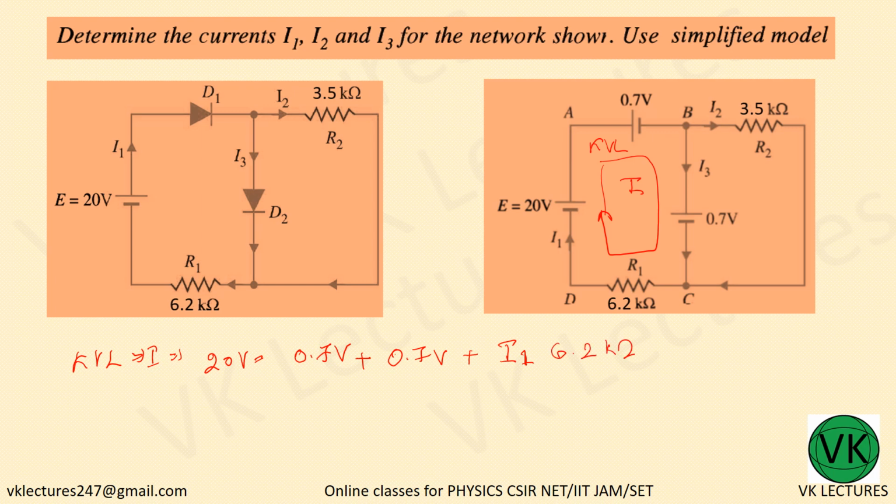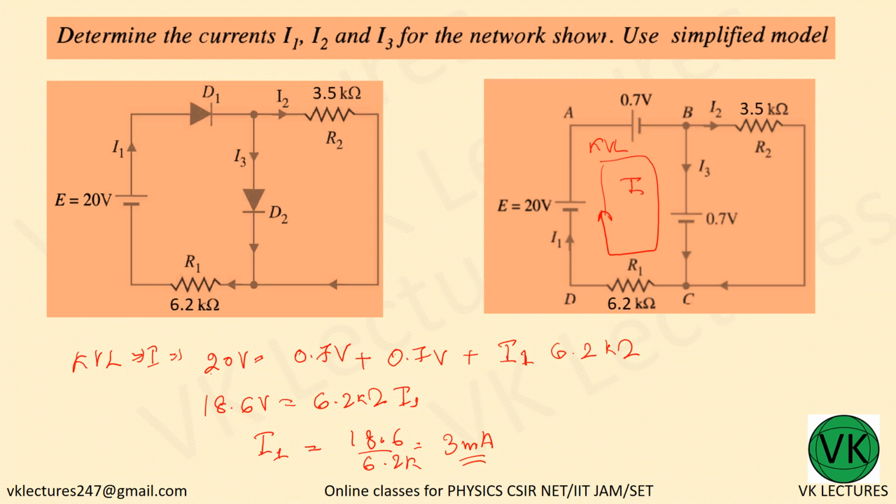Now 20 minus 1.4 is 18.6 volt, equal to 6.2 kilo into I1. From that I1 equals 18.6 divided by 6.2, which is 3 milliampere.